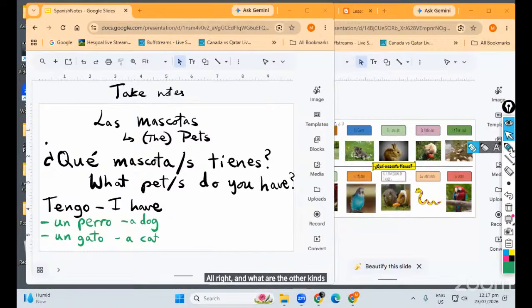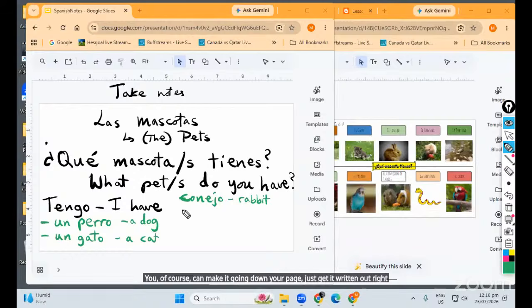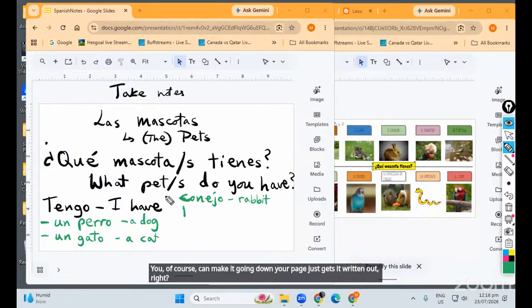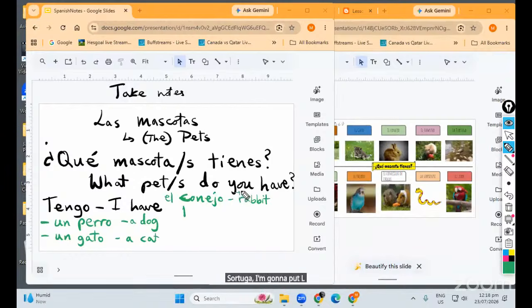We have conejo, rabbit. Right, so I'm gonna make the list over here for us. You, of course, can make it going down your page, just get it written out, right? Tortuga, I'm gonna put el so we know the gender, the rabbit. La tortuga, turtle.